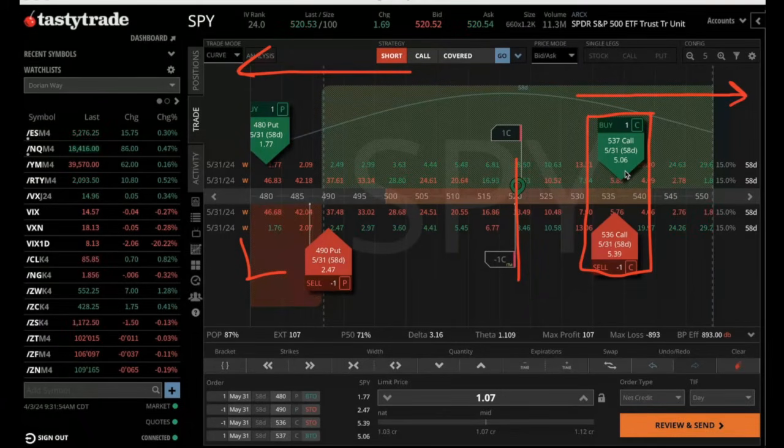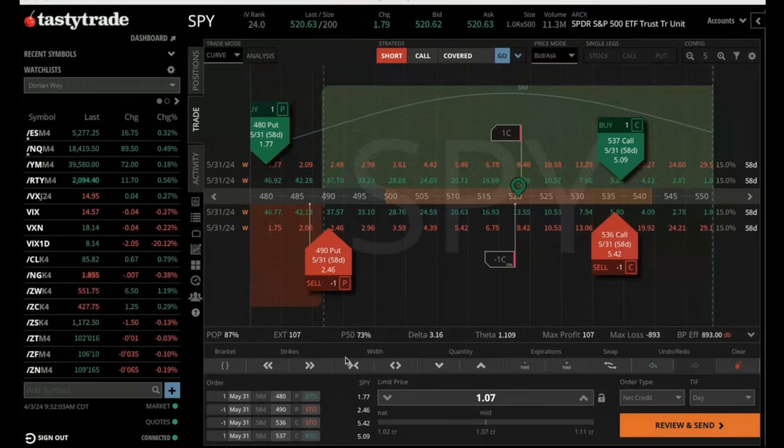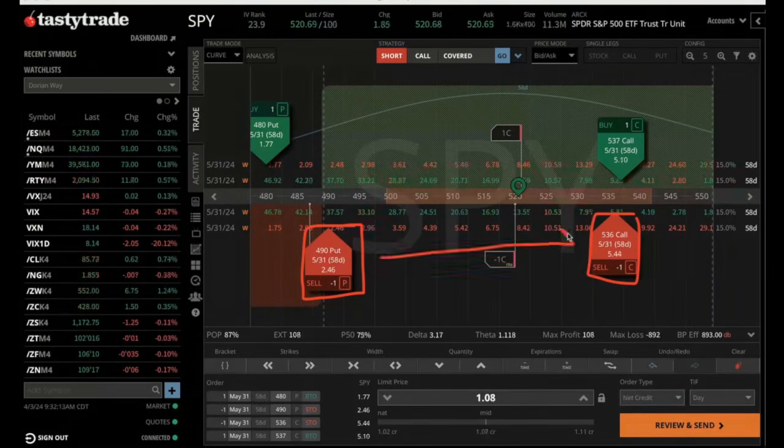And that sounds like a contradiction, but this is why you want it to stay in between these two short strikes. This is the put short strike and this is the call short strike, because if it stays in between there, this is where you make the most money. This is where you can make the entire credit that you received on the trade.